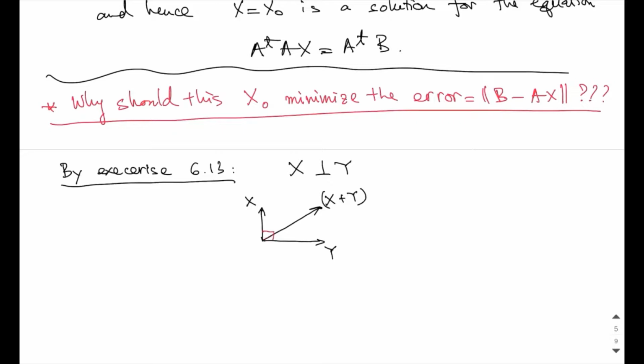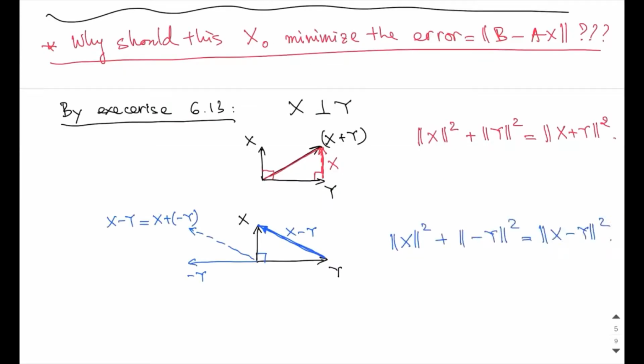So you can consider the triangle here. This part is x as well. All right, and so you can see that the square of the length of x plus the square of the length of y is equal to the square of the length of x plus y. And this is called the Pythagorean theorem.